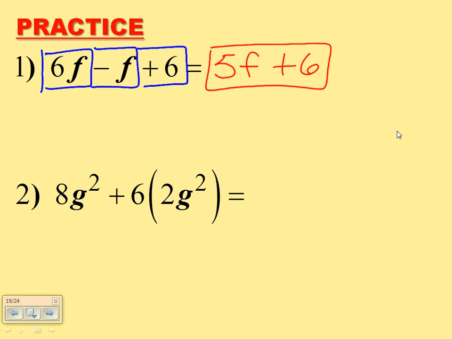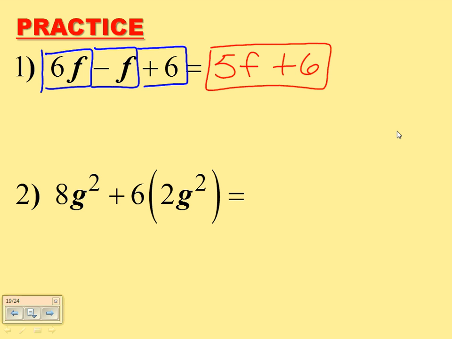Go ahead and try to do number 2. In about 3 seconds, I will give you the answer. If you need more time, press pause now. Number 2 is kind of complicated. You have to do extra steps. So you have 8g squared plus 6 times 2g squared.